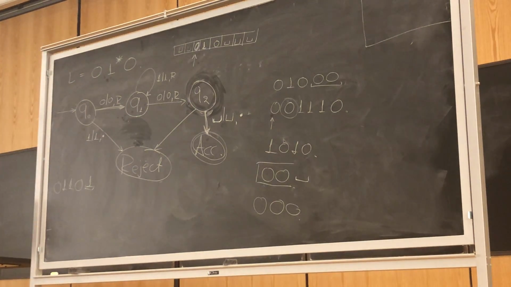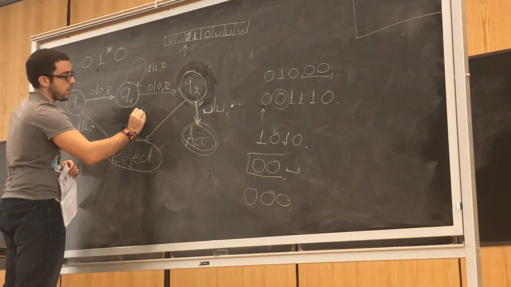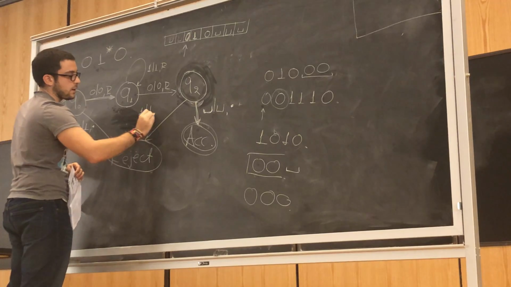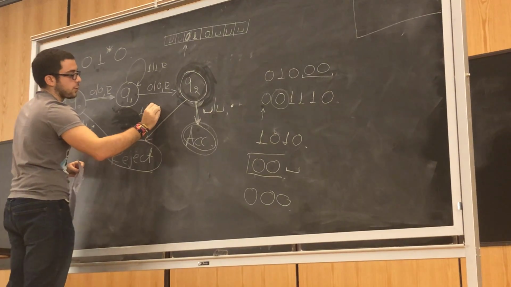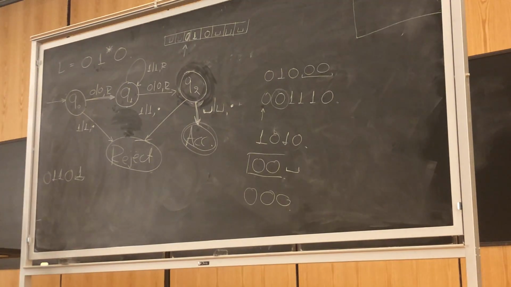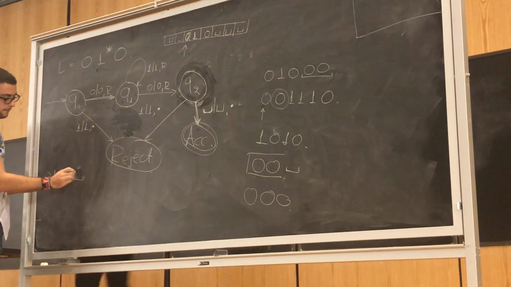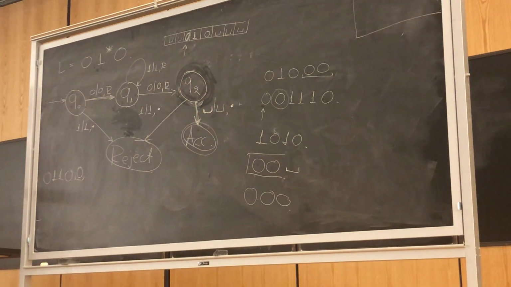With what input? 1. With a 1, I should write 1, and I should move or not. With a 0, what should I do? If this thing is 0, not 1. Same thing.